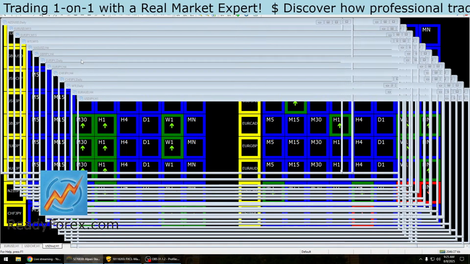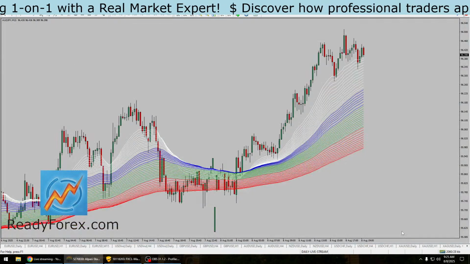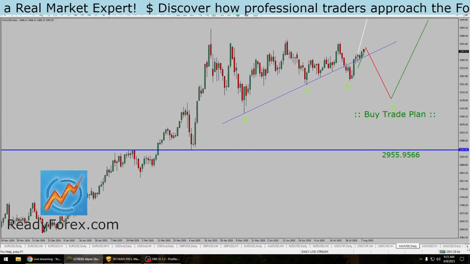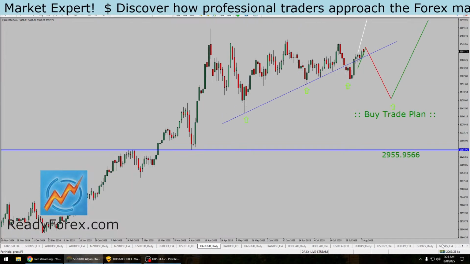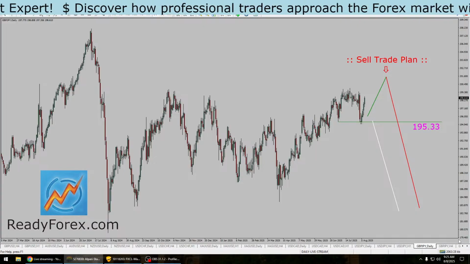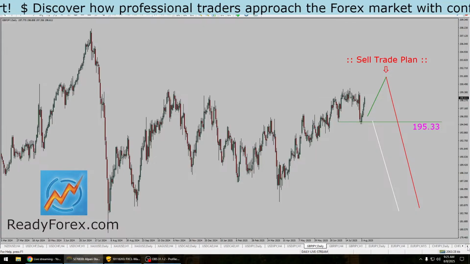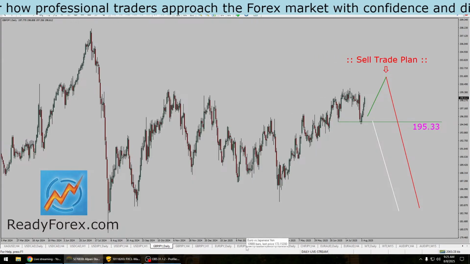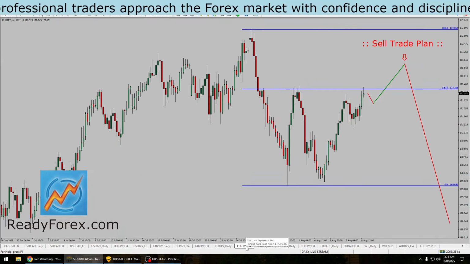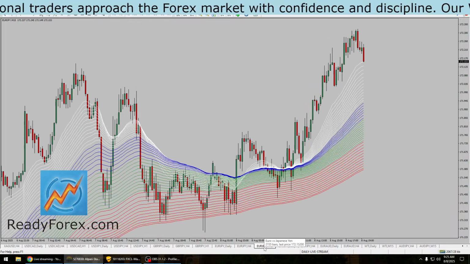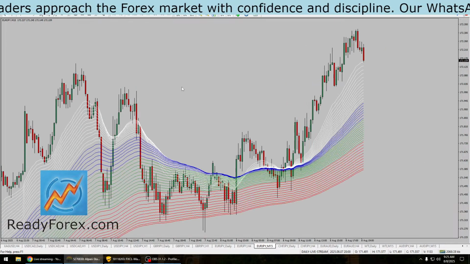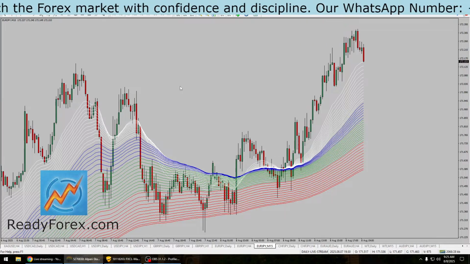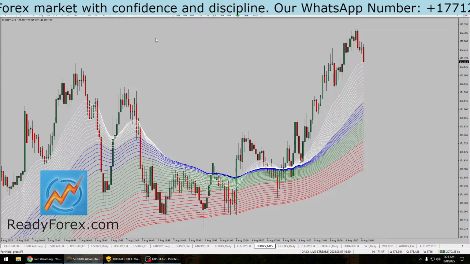The euro yen also looks bullish, by the way. Go over to the EURJPY chart. Okay, we're getting a pullback in rainbow over here in euro yen currency pair.